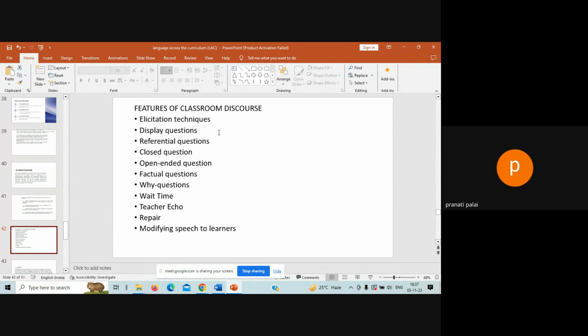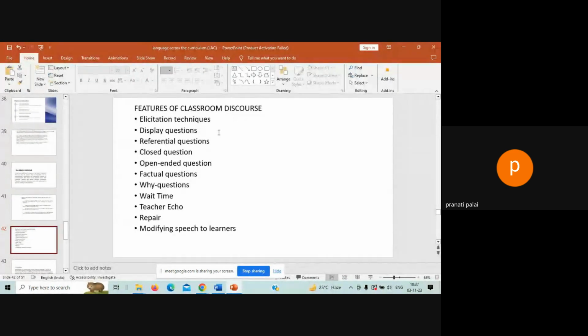So here referential question means it may ask the student to infer a meaning or to evaluate a statement. That means a situation is created in which the student has to judge. A student has to analyze whether this should be done or this should not be done.